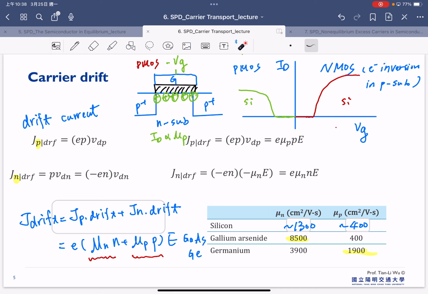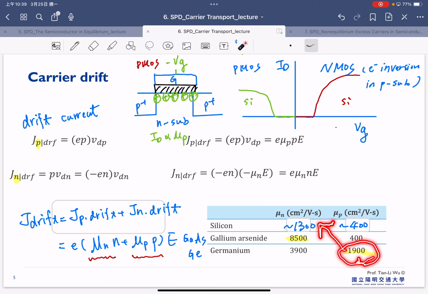Of course, for real operation, there's definitely a reason that we still hope to have symmetric current for the electrons and holes. This is due to the performance requirement. But in general, we definitely hope this current can be as high as possible in silicon. So that's why we have to use germanium, because germanium has a similar or even slightly larger hole mobility compared to electron mobility.